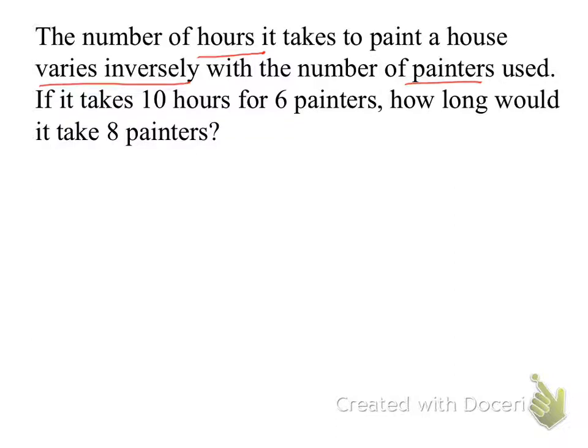Hours is like my y. Let's call it h, because it's the depender. And what else do I have? P is for painters, or we could use T for time, either one. And that would be like my x.